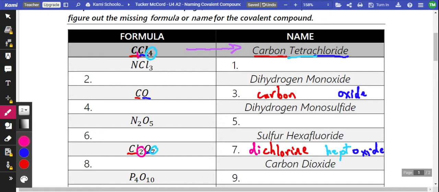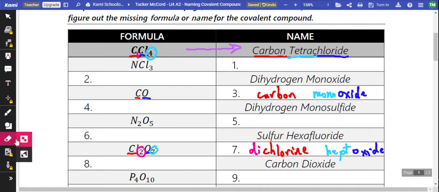So instead of calling this monocarbon monooxide, it's just going to be carbon monooxide. Mono for 1, oxide for oxygen. Now carbon just stays like that with no mono prefix. Just like with the heptaoxide becoming heptoxide, you might notice this monooxide is kind of clunky.